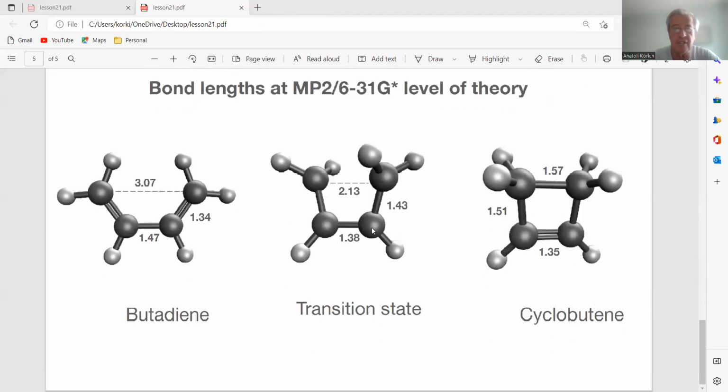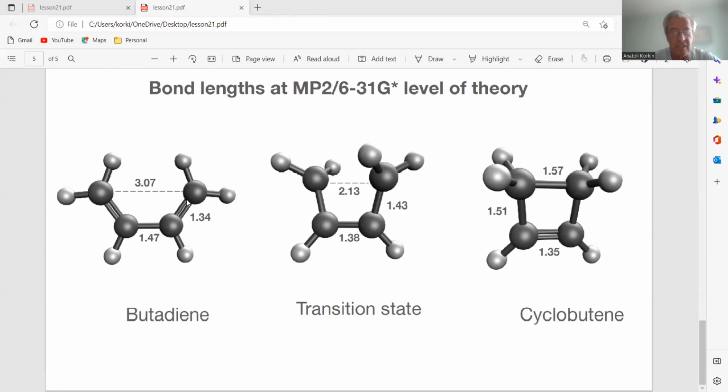So let's go back to this picture I showed you before. This is the result of a calculation at the MP2 6-31G star level, and as you may see, I put here the calculated bond lengths for all 3 structures: butadiene, cyclobutene, and the transition state.